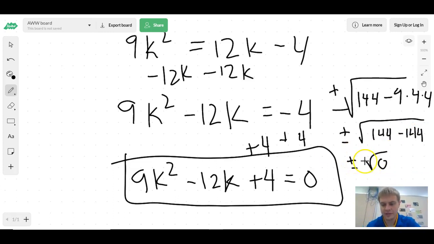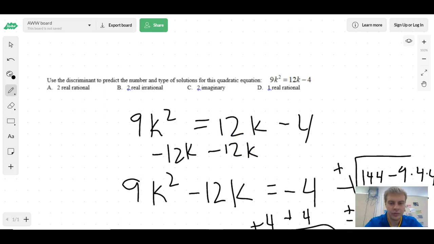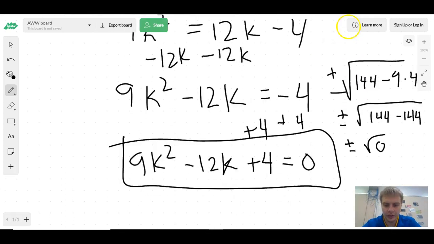A positive 0 is the same thing as a negative 0. So our answer would be 1 real rational solution, because 0 is our answer, and 0 being positive is the same as 0 being negative. Let's do the next one.